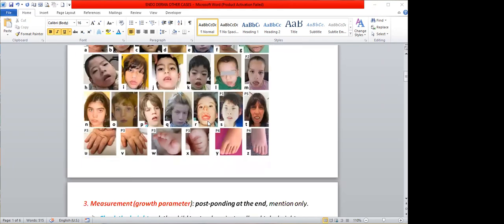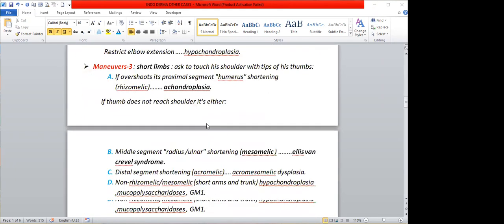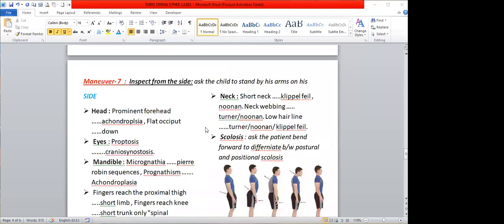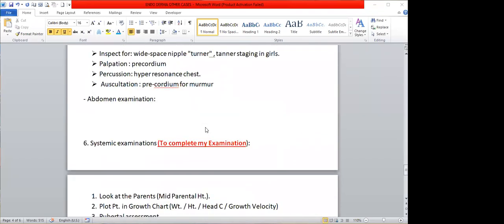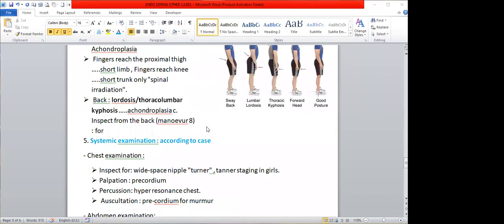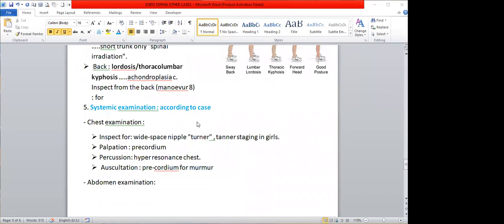Now, after all these measures and maneuvers, here is the last part, but very important. We should never miss this last part. That is number one, they inspect the Tanner staging of the child, that is the pivotal part.